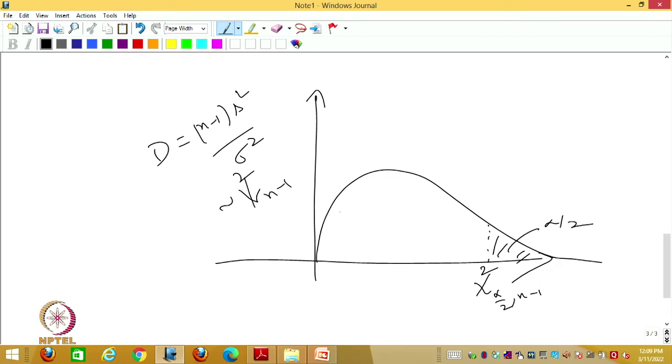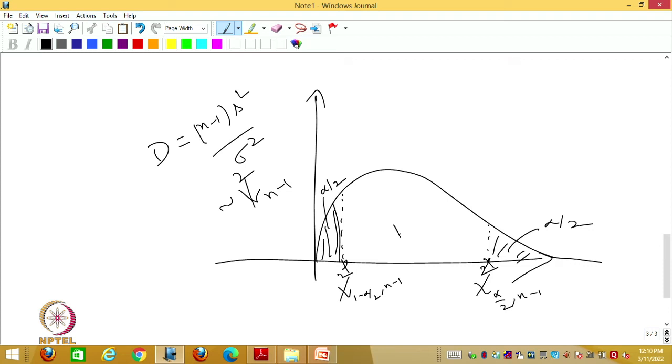This is denoted, in the way I am using now, by chi-square alpha by 2 comma n minus 1. The point at which I get another alpha by 2 on the left side is denoted by chi-square 1 minus alpha by 2 comma n minus 1. That means the probability on the left is alpha by 2, so the right tail probability is 1 minus alpha by 2, and this point is denoted by chi-square of 1 minus alpha by 2 with n minus 1 degrees of freedom, whereas the other point is denoted by chi-square of alpha by 2 comma n minus 1.